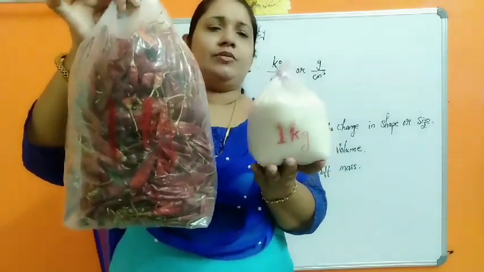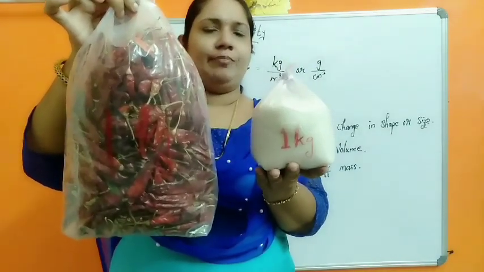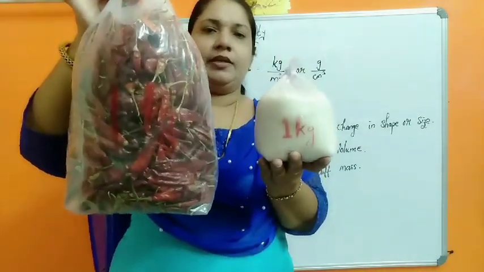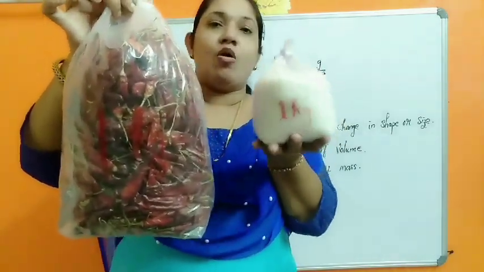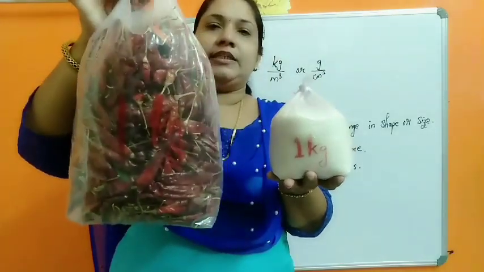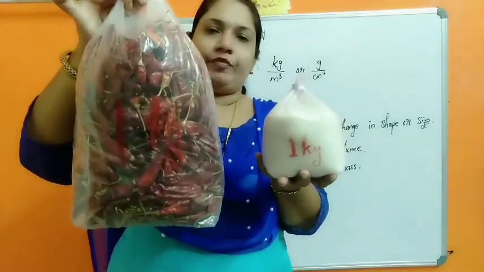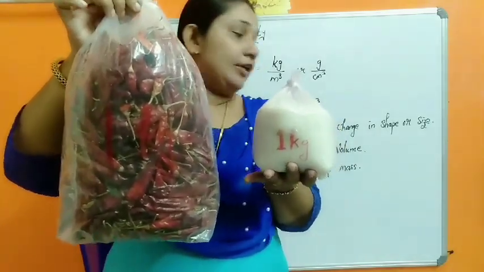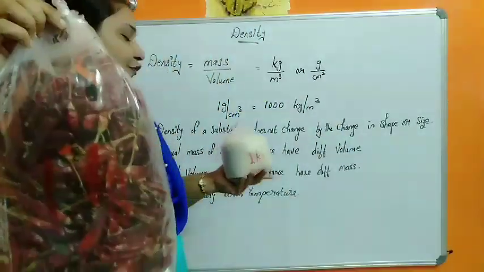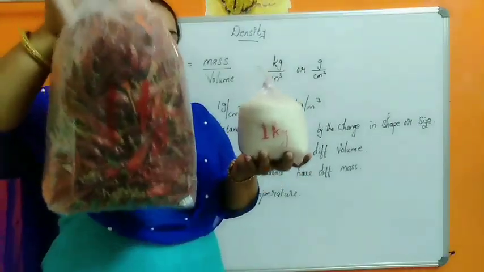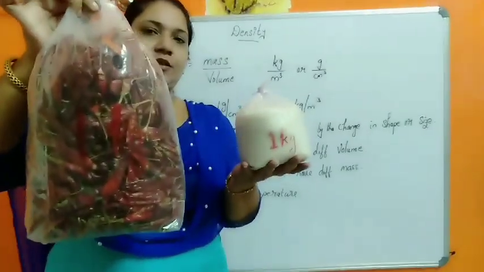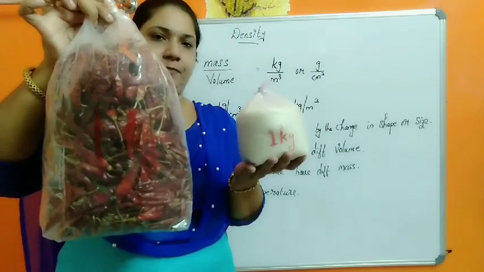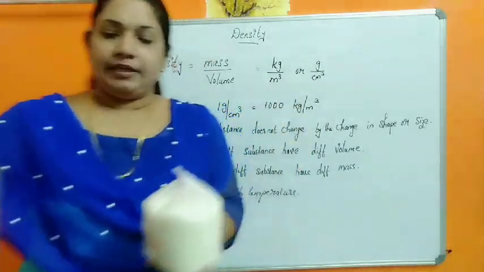But you can see a good difference in volume between the sugar and red chili, because sugar is more dense and red chili is less dense. So we can say that equal mass of different substances have different volume. Volume is different, only mass is same. Is it clear?